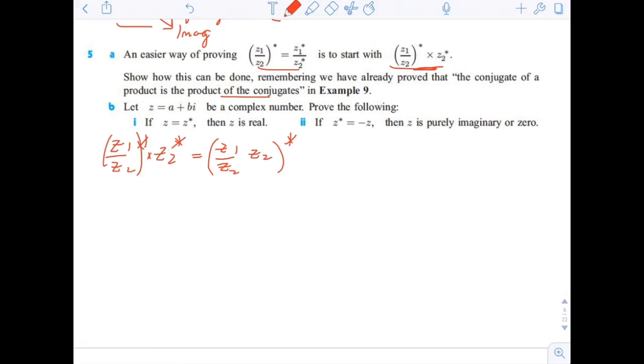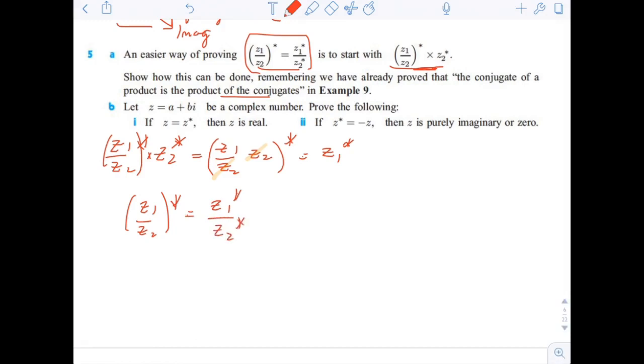And if we see that, then we know that Z1 divided by Z2 times Z2, the Z2's cancel out, right? So then we're left with Z1 conjugate. Okay? Now we can go back to this, and we could say, okay, here we have Z1 divided by Z2 conjugate equals Z1 conjugate divided by Z2 conjugate.